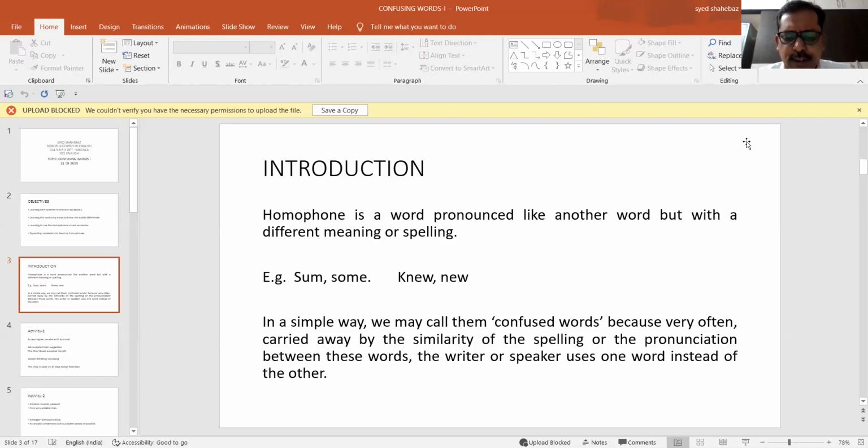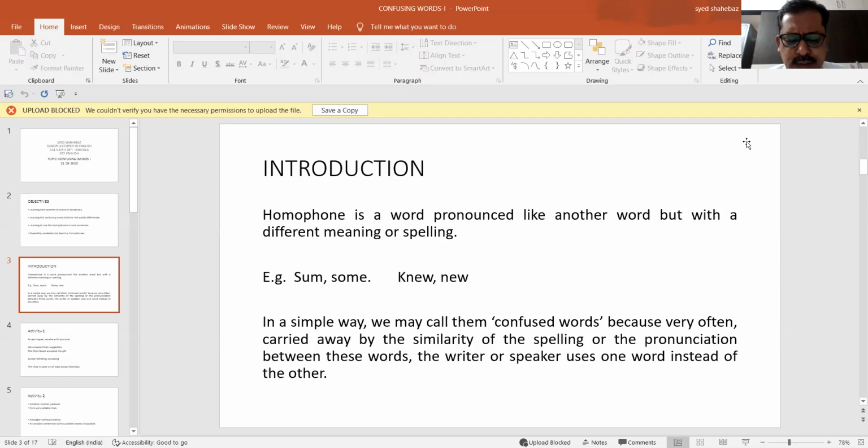In the area of vocabulary, next to synonyms and antonyms, the important and interesting item is homophone. The Oxford Advanced Learner's Dictionary defines homophone as a word pronounced like another word, but with a different meaning or spelling. This I explain.